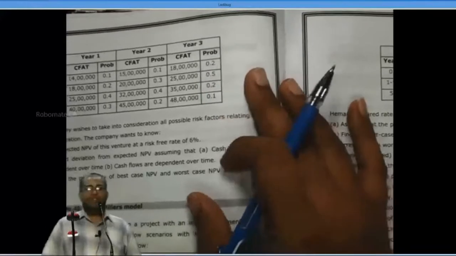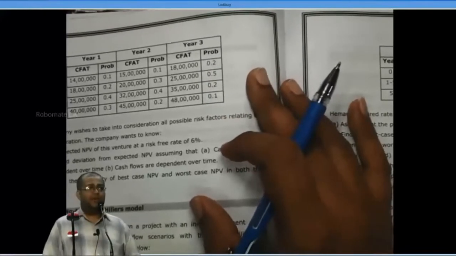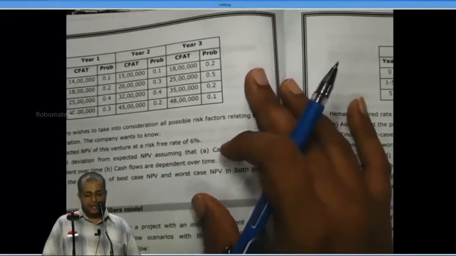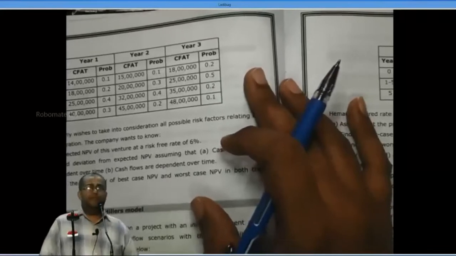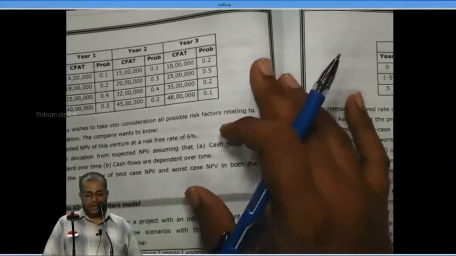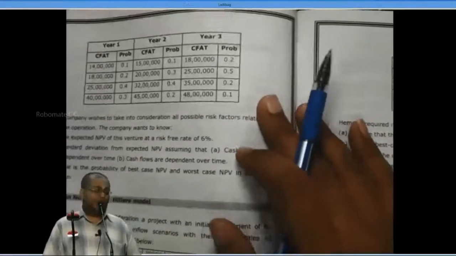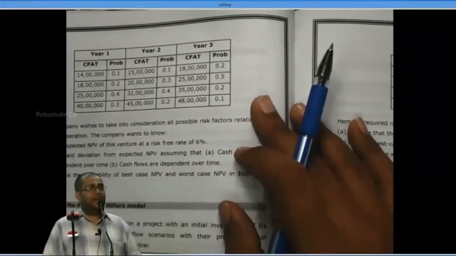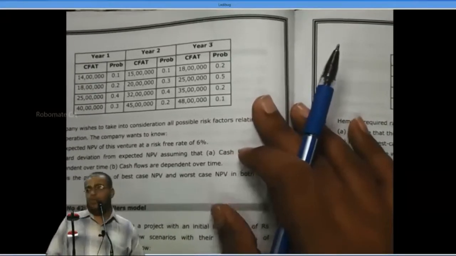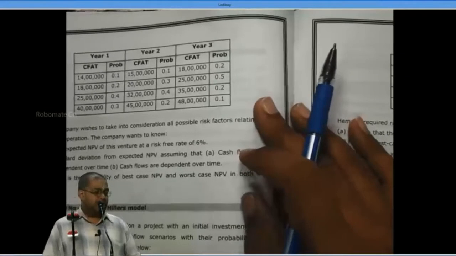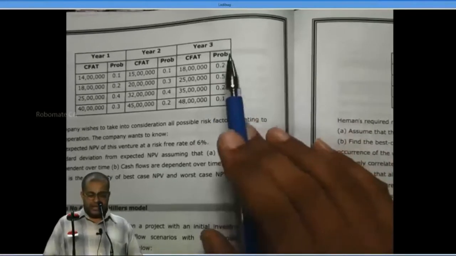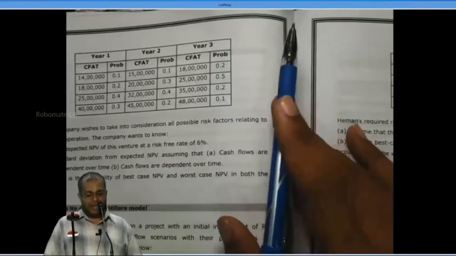For cash flows dependent, put a down arrow mark and write. What is the probability? 0.1. The probability is 0.1. Again put the down mark and write first year probability. Second branch, cash flows are independent.